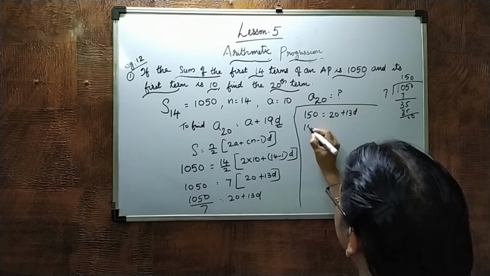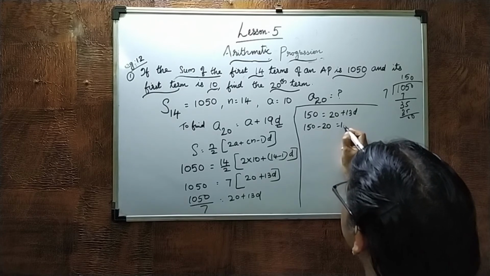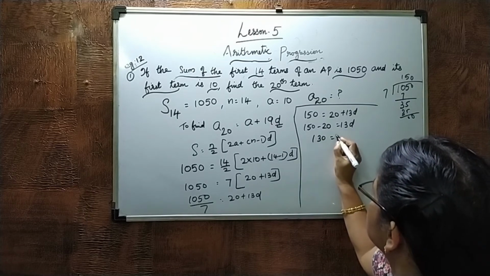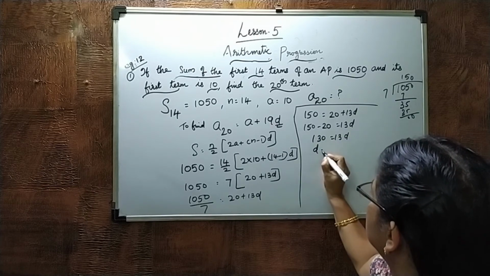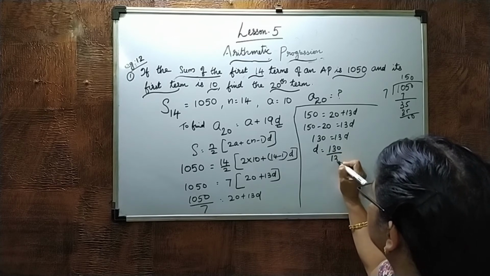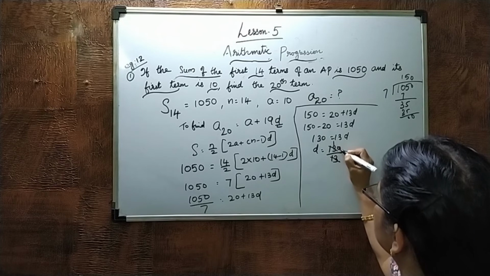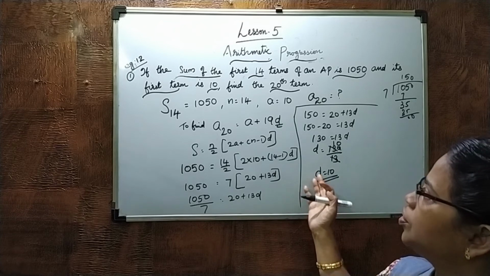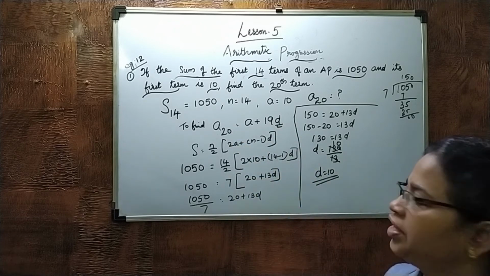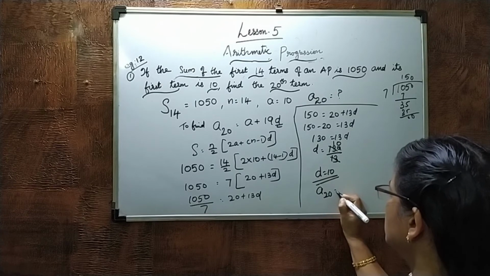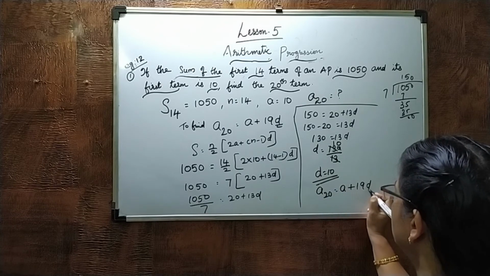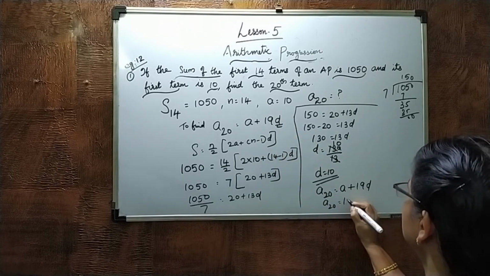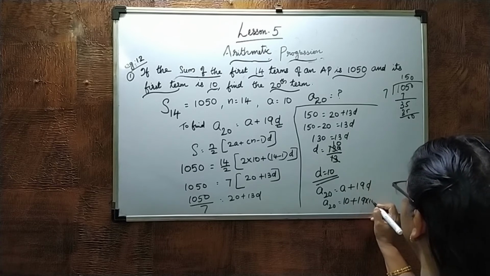Then 150 minus 20 equals 13D. 150 minus 20 gives 130 equals 13D. So D equals 130 divided by 13, which is 10. So now you got D. Now we apply A20 equals A plus 19D, where A is 10, plus 19 into 10.